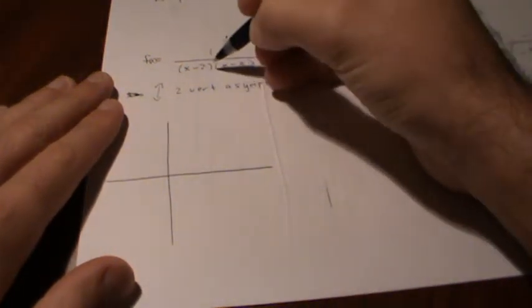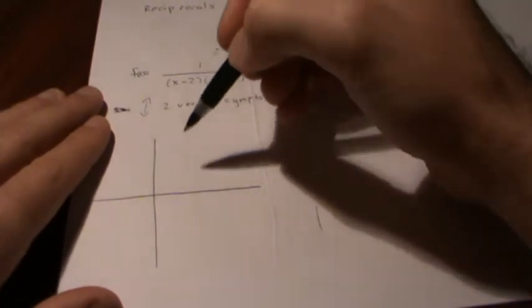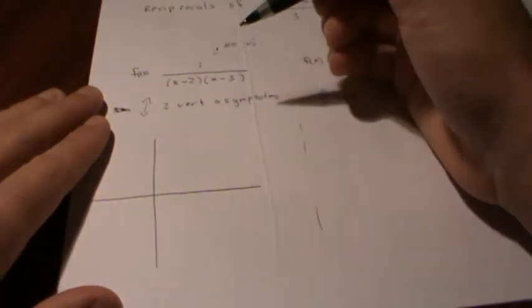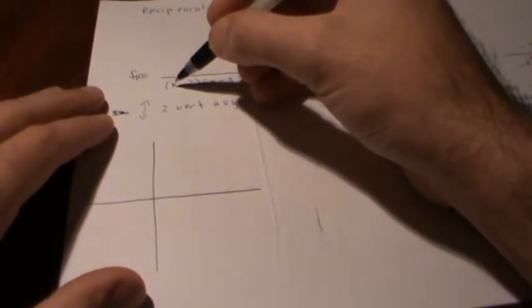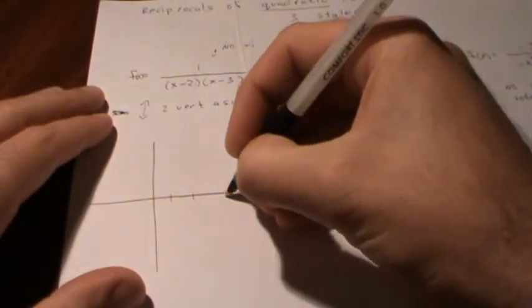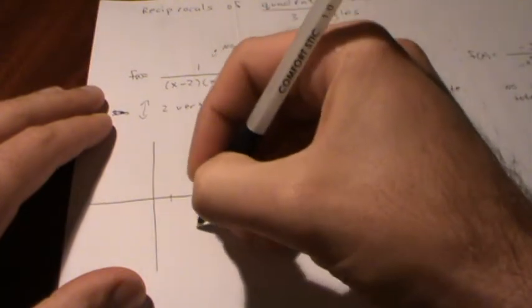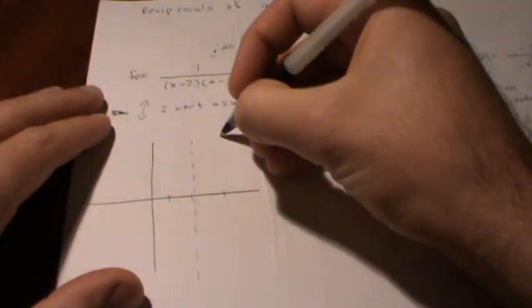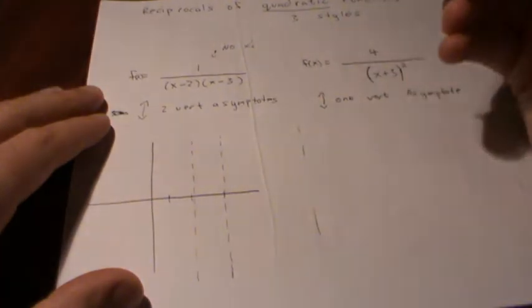So for this one, a lot of this is just sort of looking at the graph and building it, okay? If I take my x value here and I make it positive 2, there's going to be my vertical asymptote. 1, 2, 3. So I've got a vertical asymptote at positive 2. And I've got a vertical asymptote at positive 3.